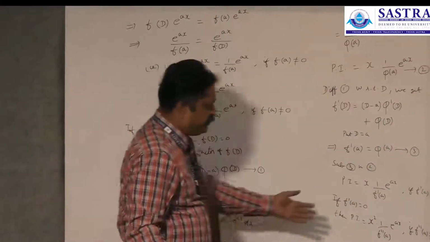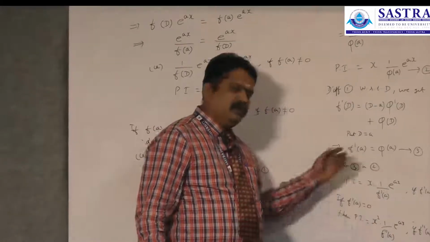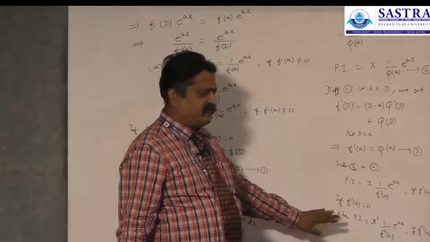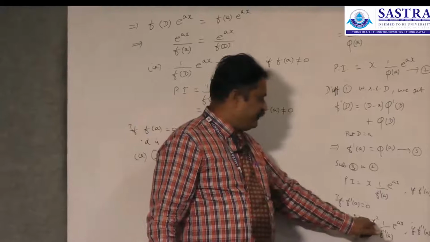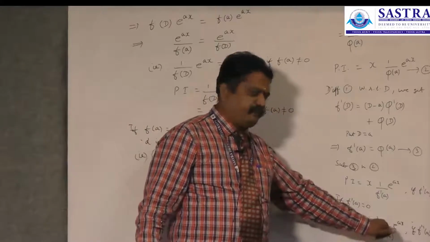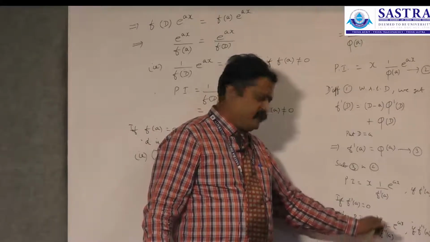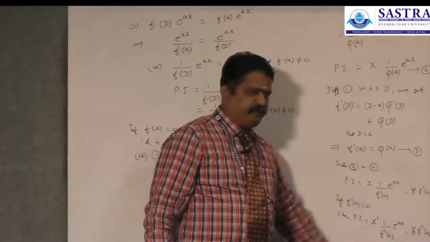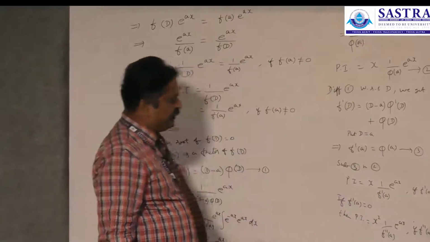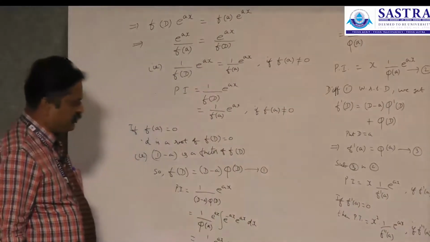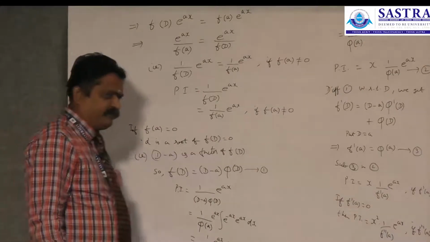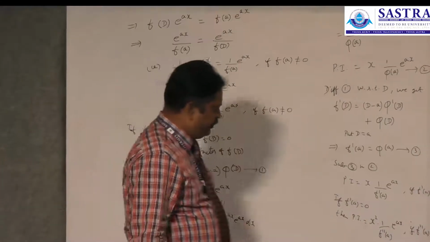If f double dash of a is equal to 0, then again we have to apply the same procedure. So the next step you will be getting x cube 1 divided by f triple dash of a, third derivative of f of d at d is equal to a, e power ax, provided f triple dash of a is not equal to 0.